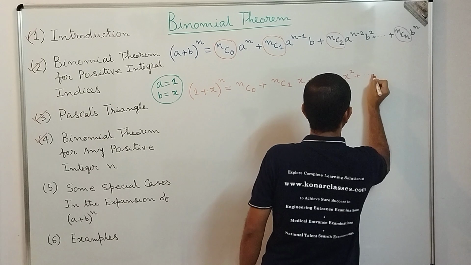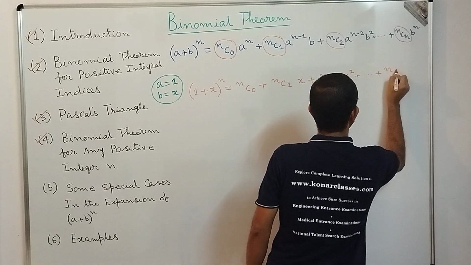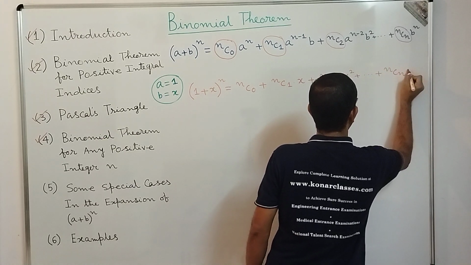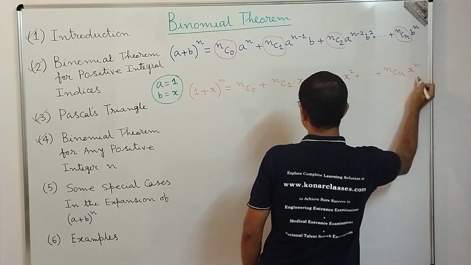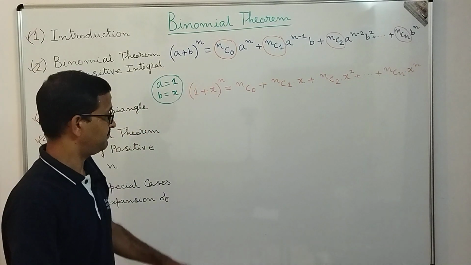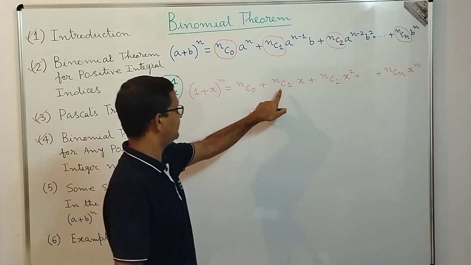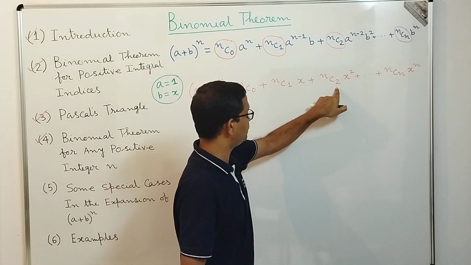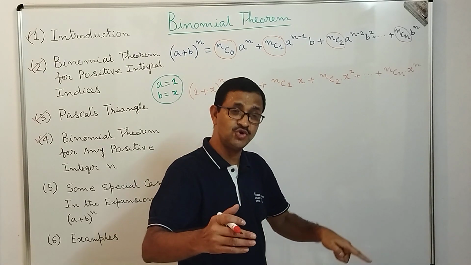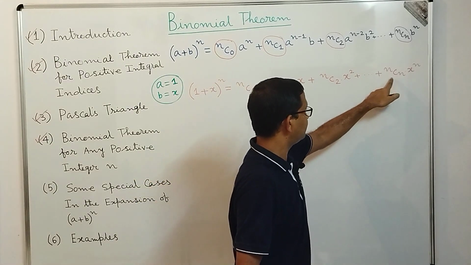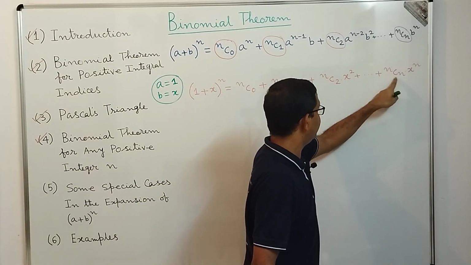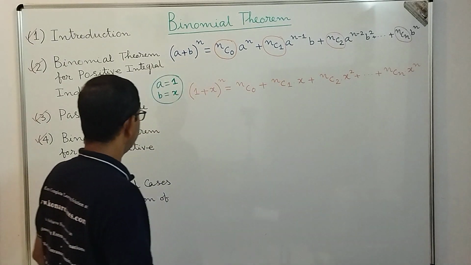In that way it will continue, plus nCn into b power n, that means x power n, and that is an important formula. 1 plus x power n is equal to nC0 plus nC1 into x plus nC2 into x square plus nC3 into x cube and so on. The last term, the n plus 1 th term, is nCn into x power n.